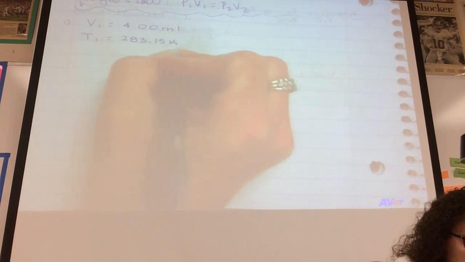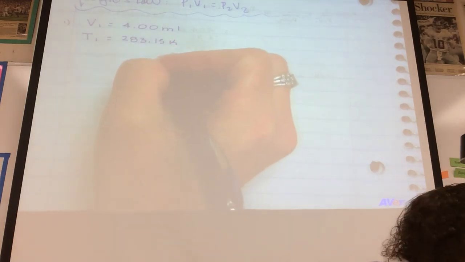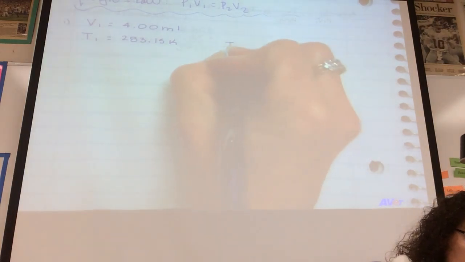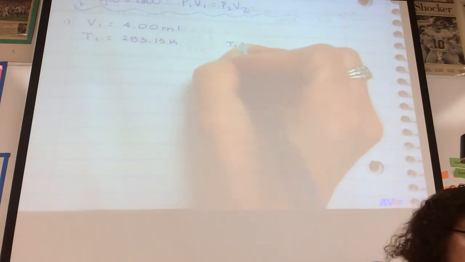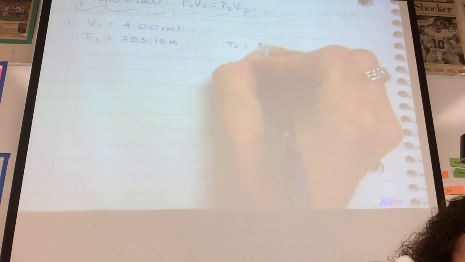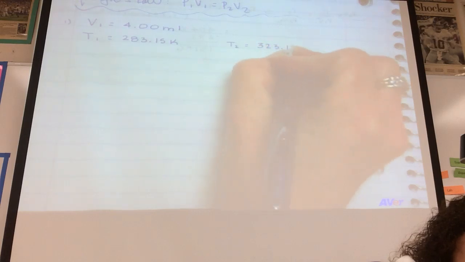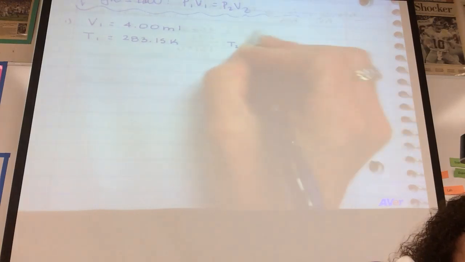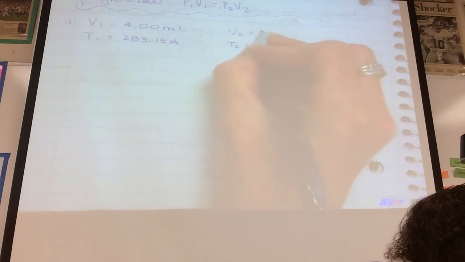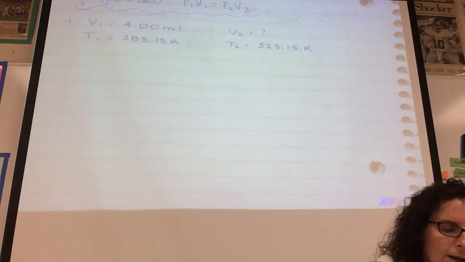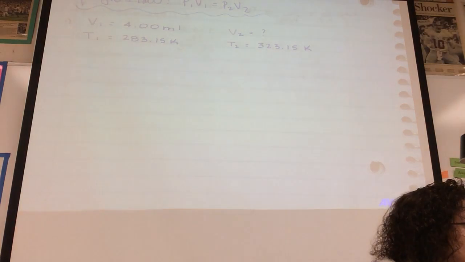No degrees for Kelvin, just capital K for Kelvin. Now the temperature is increased to 50 degrees Celsius, which is 323.15 Kelvin, and we want to know the volume that the gas will occupy. Pressure is constant.